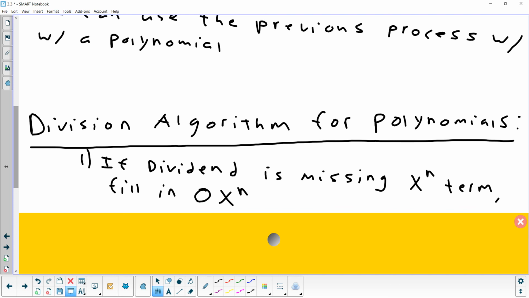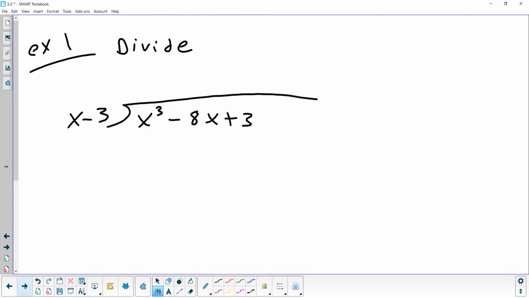If you're missing any terms, you need to fill in a 0 for that term. Here's an example where your dividend is missing a term. It's missing the x squared term. We have to have every term represented because we're going to need columns for all of them. So for the squared terms, we would put in a plus 0x squared, just to hold the place of the x squareds.